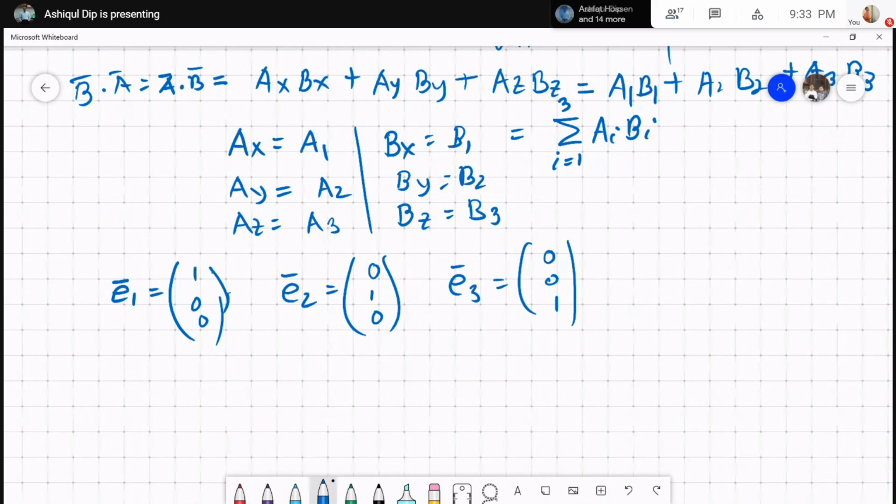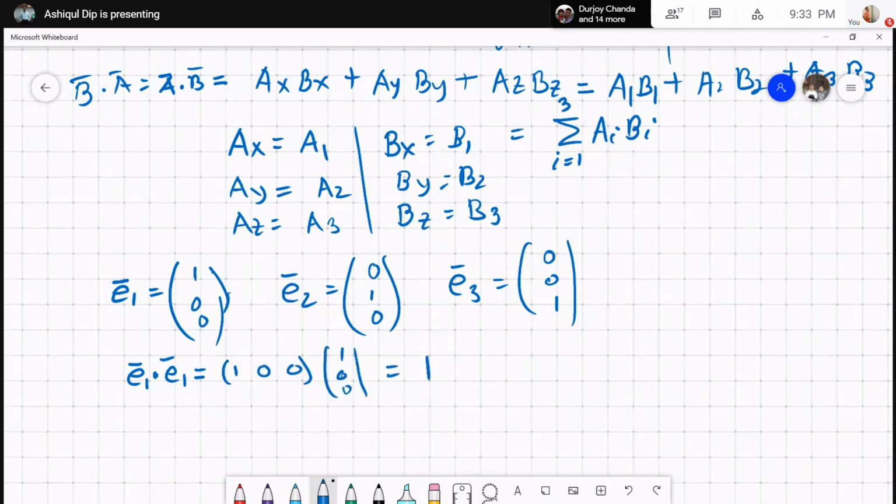So what happens when you take the dot product of E1 with E1? All you have to do is take this thing, and you get 1, right? For the same vectors we get 1, and for different ones we get 0. That's the important thing.